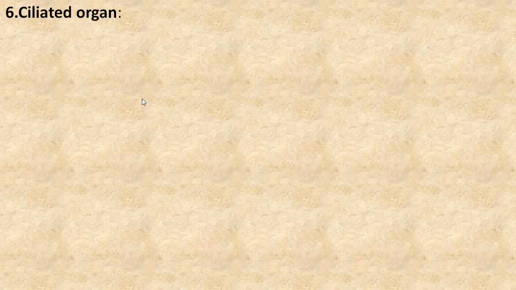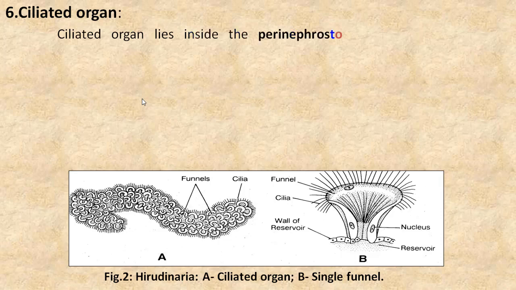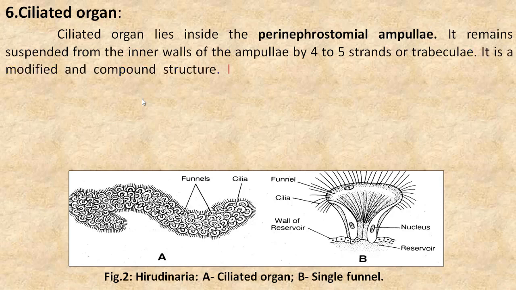Sixth is ciliated organ. This is a structure of ciliated organ and single funnel. Ciliated organ lies inside the perinephrostomial ampullae. It remains suspended from the inner walls of the ampullae by 4 or 5 strands or trabeculae. It is a modified and compound structure.